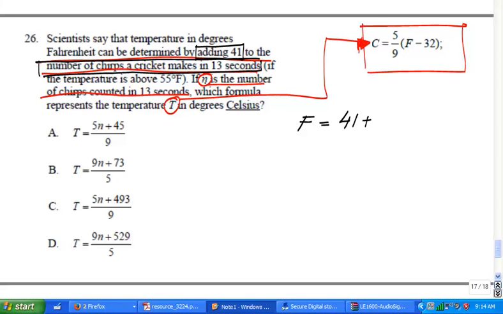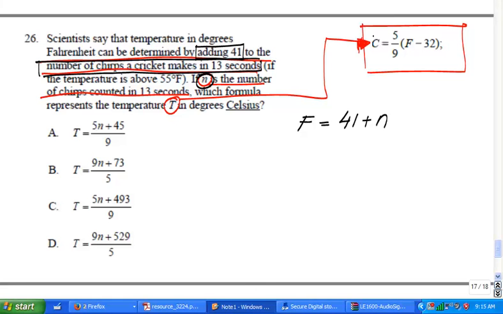Well, for this problem, the number of chirps a cricket makes in 13 seconds is what? Is n. N is the number of chirps counted in 13 seconds. So your temperature in Fahrenheit will be given by 41 plus n.